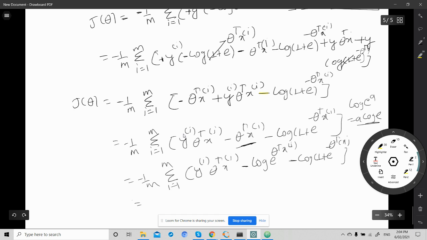Then minus 1 by m sigma i equals 1 to m, yi theta transpose xi. If we take minus common, then log m plus log n is equal to log mn.